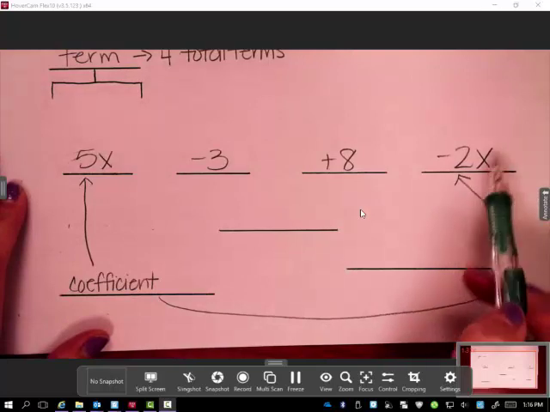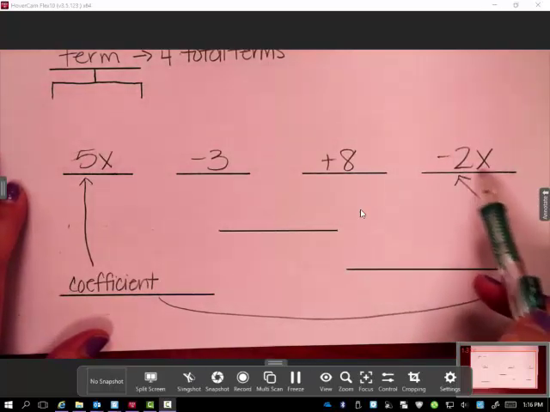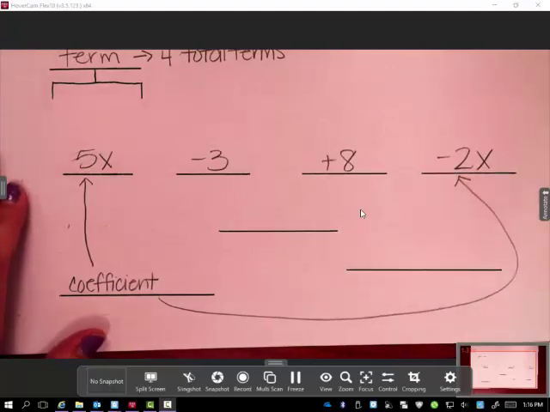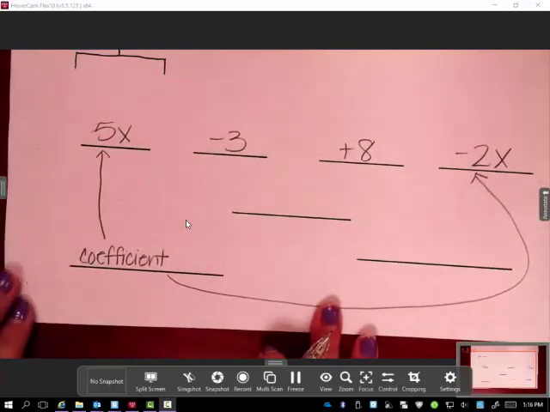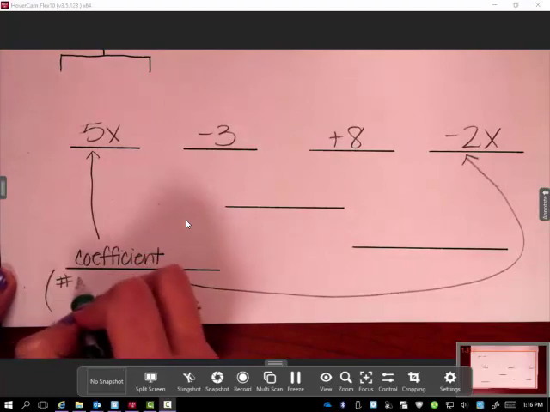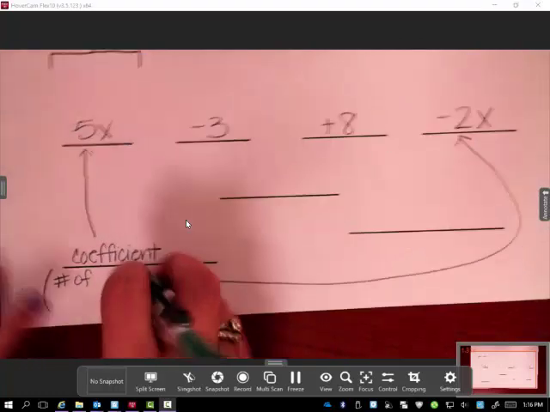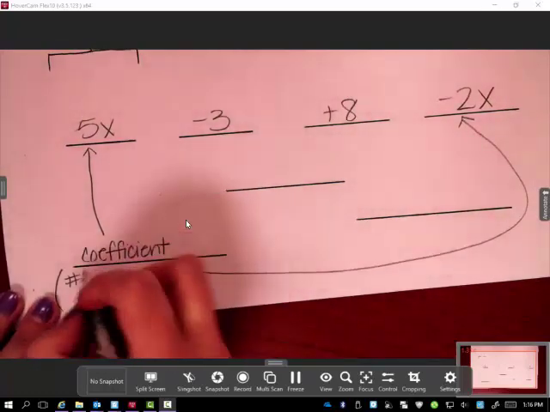Make sure your arrow is pointing at the -2, not at the x, not in between the 2 of them. Make sure it's obvious where that arrow is pointing. Okay, how do we know that that's a coefficient? It's the number in front of the variable. Number in front.